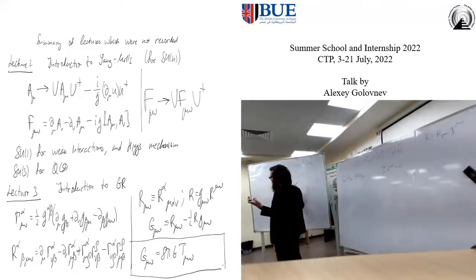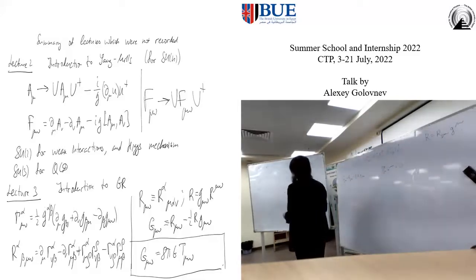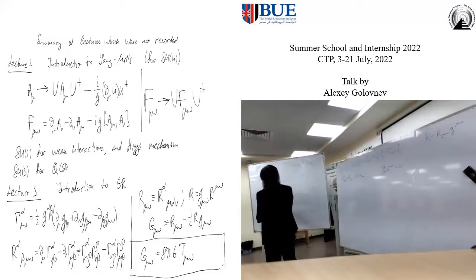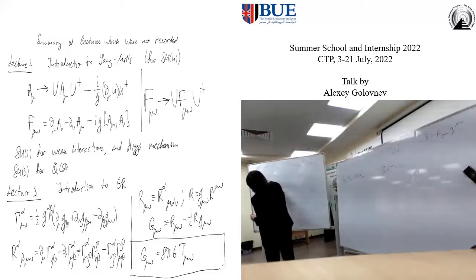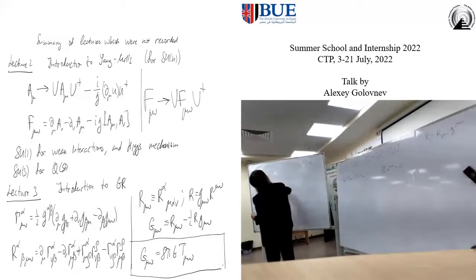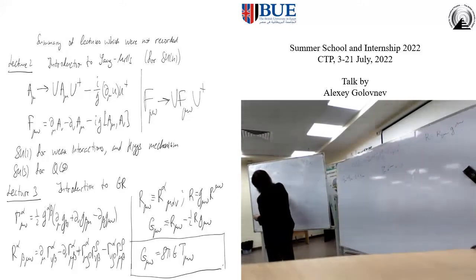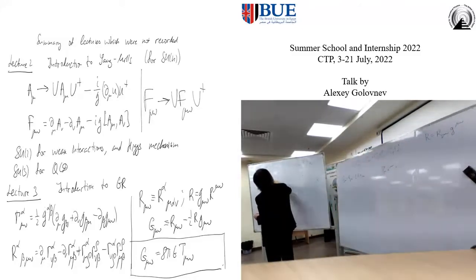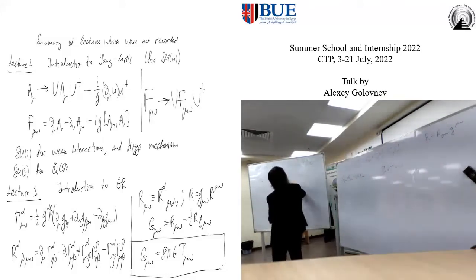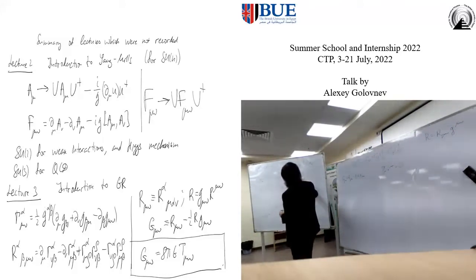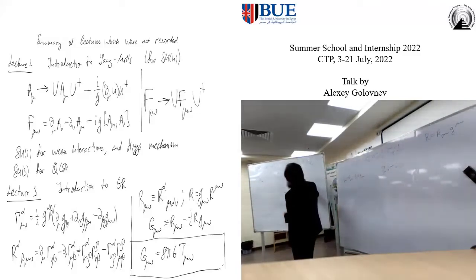Here, mu and nu are precisely the indices related to the differentials, so it's always antisymmetric in them.